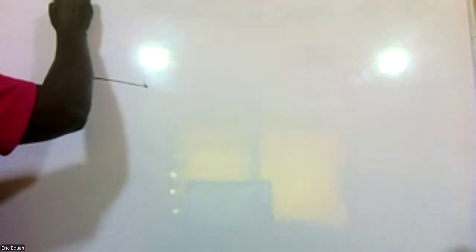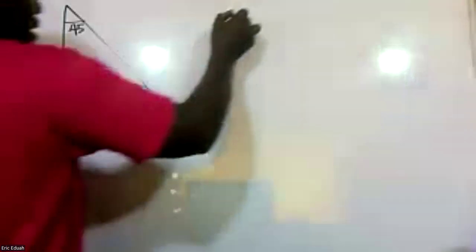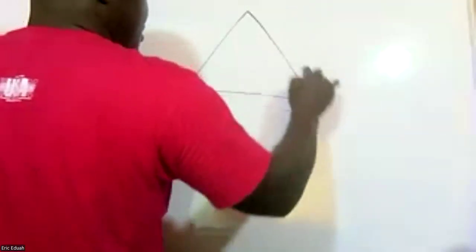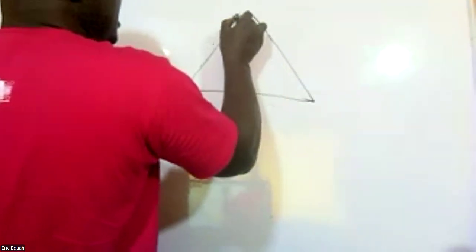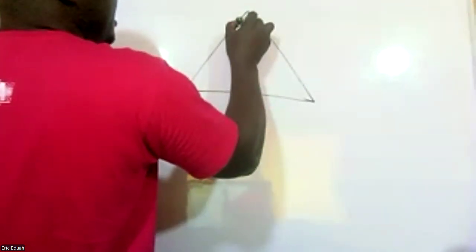So let's assume we have a right angle triangular prism. This is the base. The angle of the prism we are told is 45. Whether you draw it like this or otherwise, indicate that the refraction angle of the prism is given as 45.